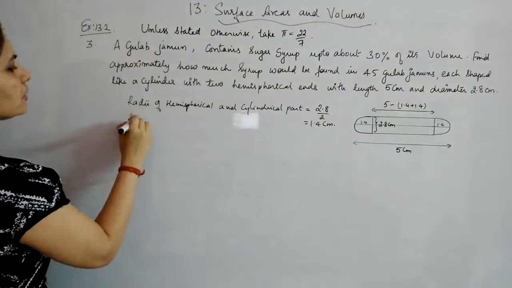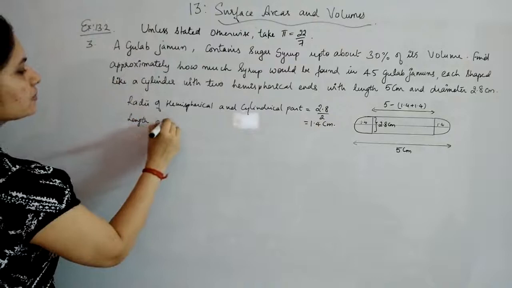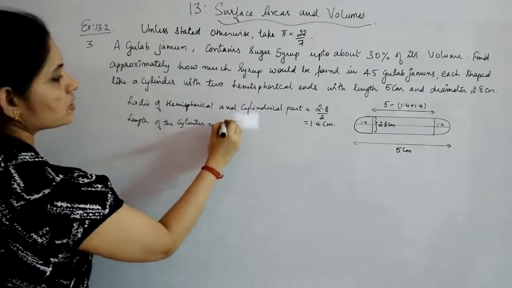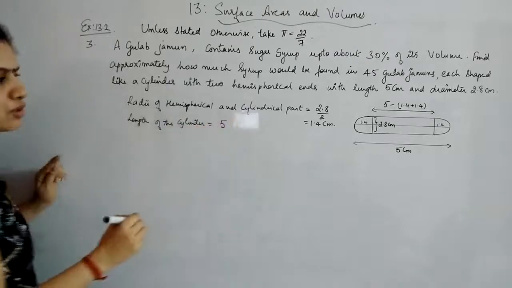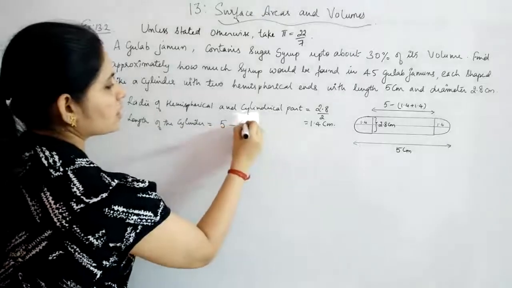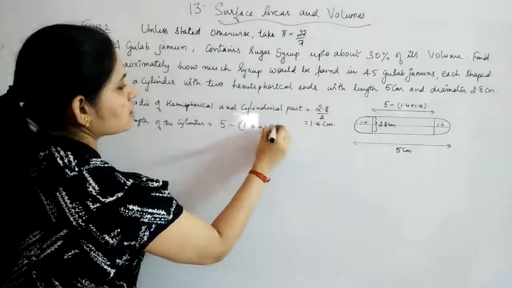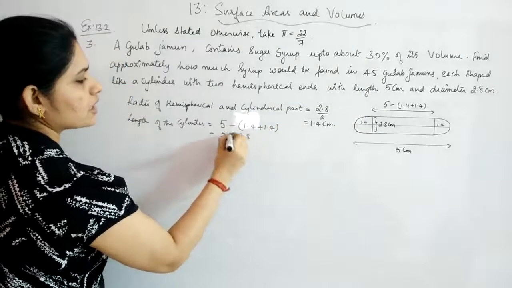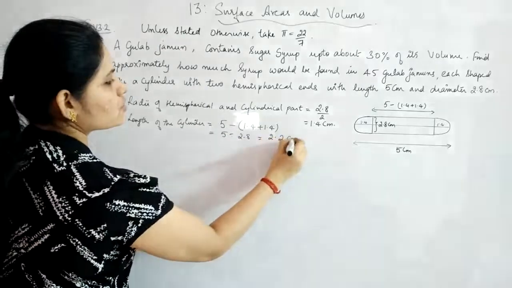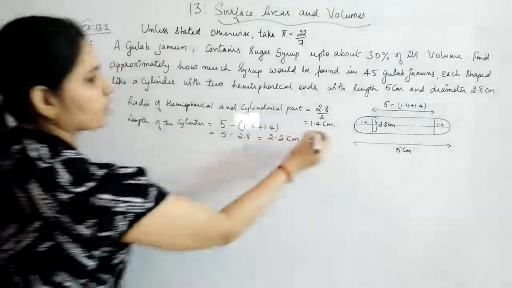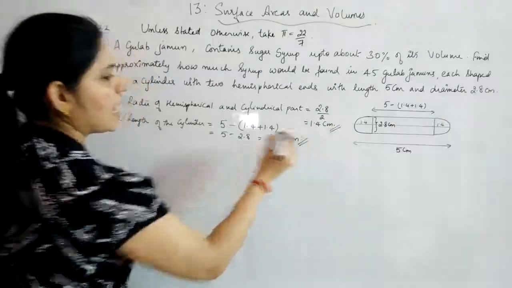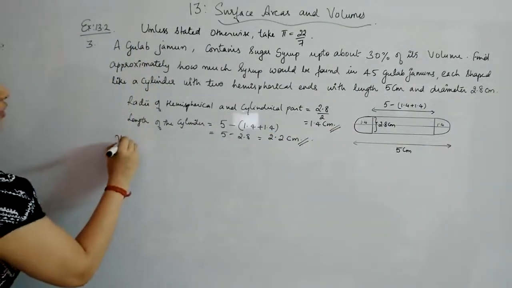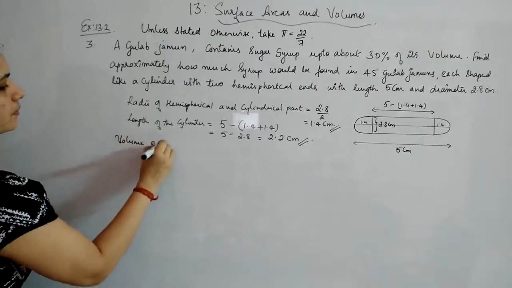Now the length of the cylinder is equal to the total length of the gulab jamun minus both sides' radii part. So you will get 5 minus 2.8, which is equal to 2.2 centimeters. So now you have radii r for both the things and h of the cylinder. Now we will go for finding out the volume of one gulab jamun.